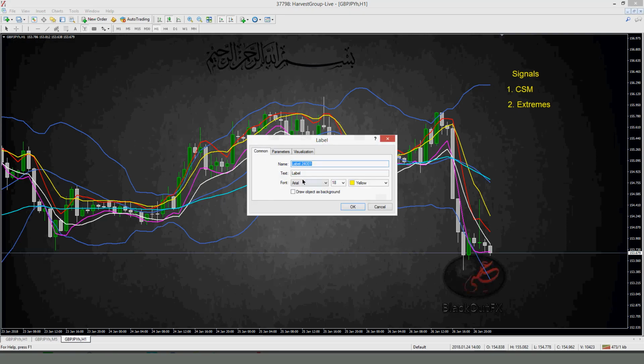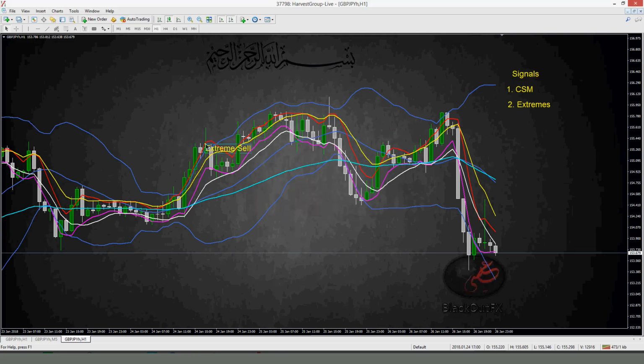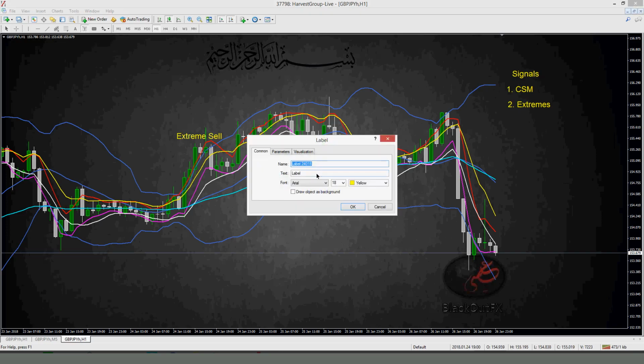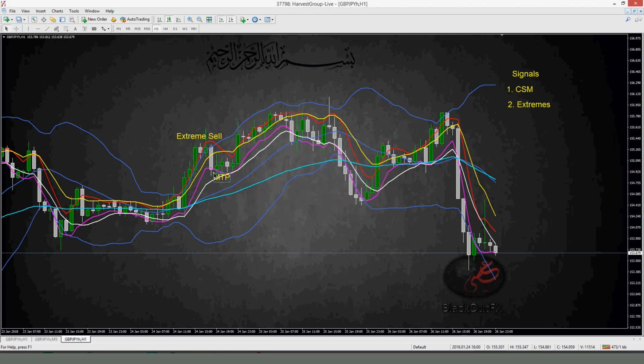As we can see over here, we have extreme sell, and then after extreme sell we have TP wajib, the mandatory TP, over here at MA 5 10. Then the market went up again, and the candle couldn't break top BB. That's the second characteristic of MHB, which we can talk about later on.